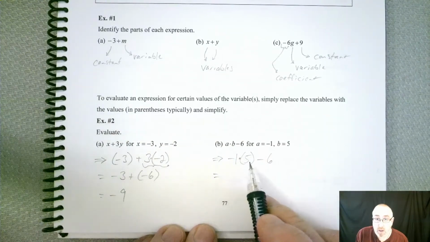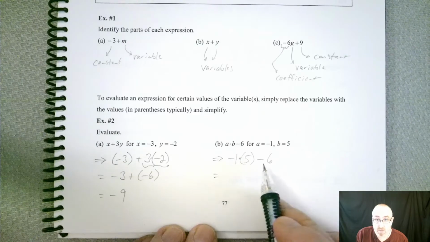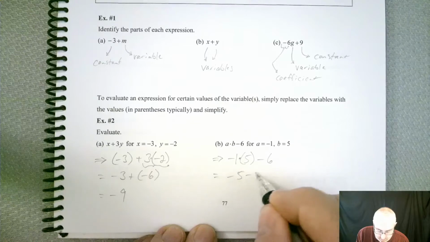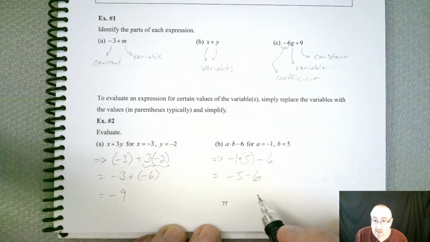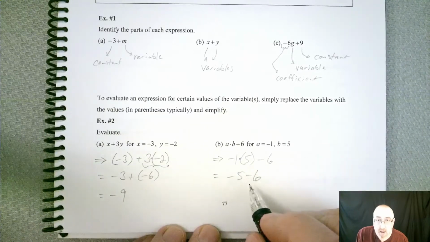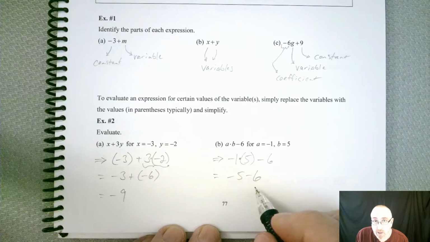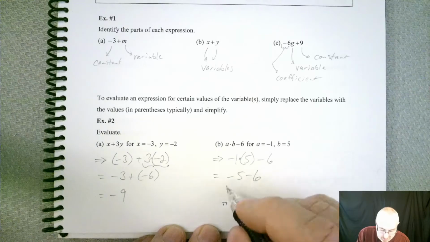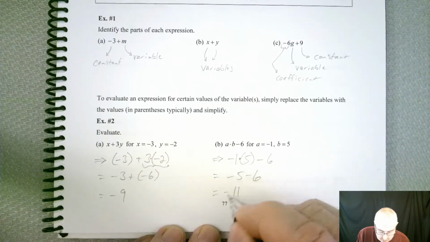So negative 1 times 5 has to come first before we subtract 6. That gives you negative 5 minus 6. Now, if you want to change that into an addition problem, you can, or if you just know that you're going to keep going into the hole, this should get you down to negative 11.